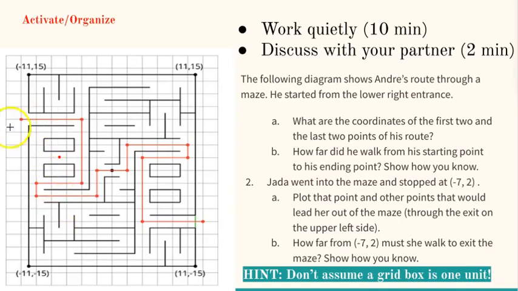How far is she going to need to go to get out? Oops. Did I do that right? Yeah, negative 7. She's going to need to go, let's see, 10, because that's half of that.